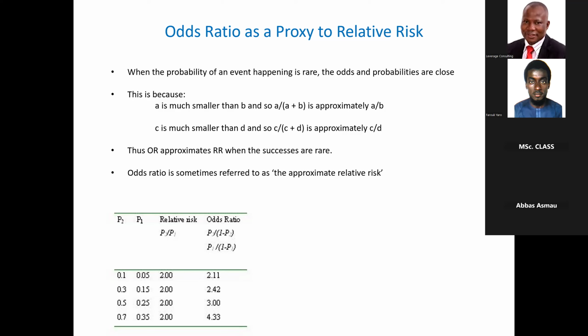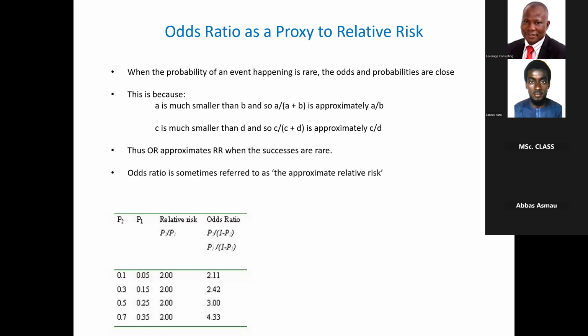They may even have only 5. The disease is rare. So in that situation, A over A plus B can be just A over B, because the contribution of A to A plus B is small. You can collapse that and say that is approximately A over B.